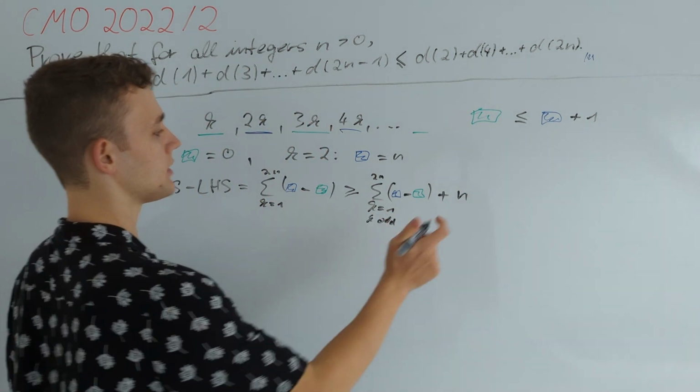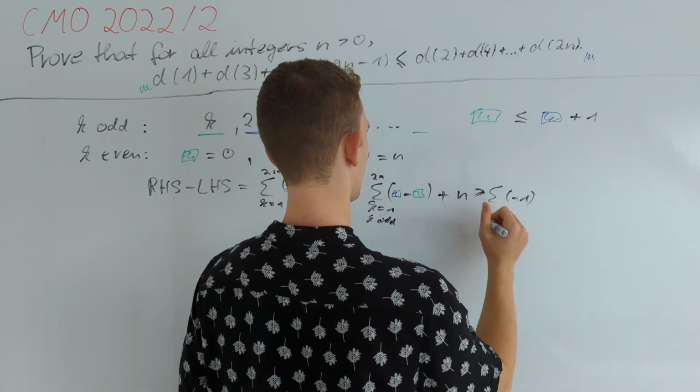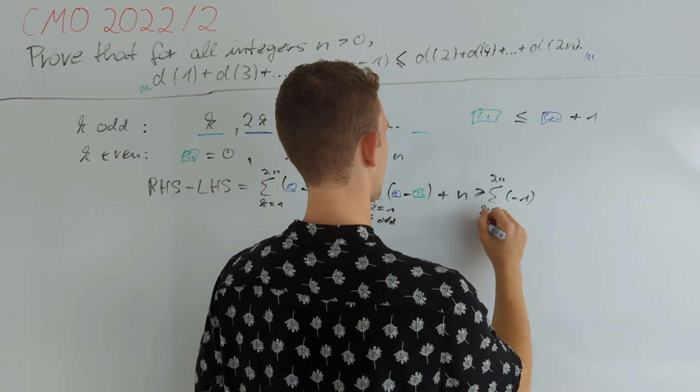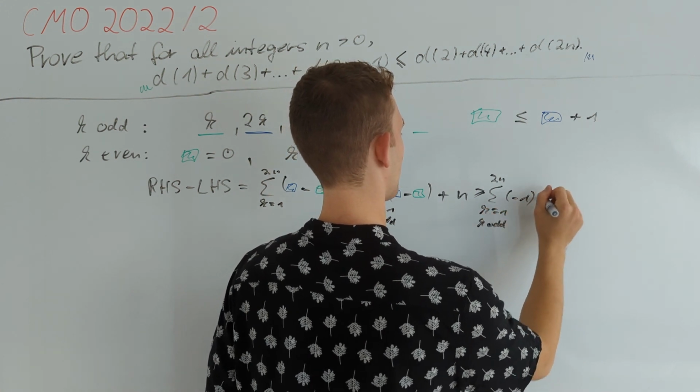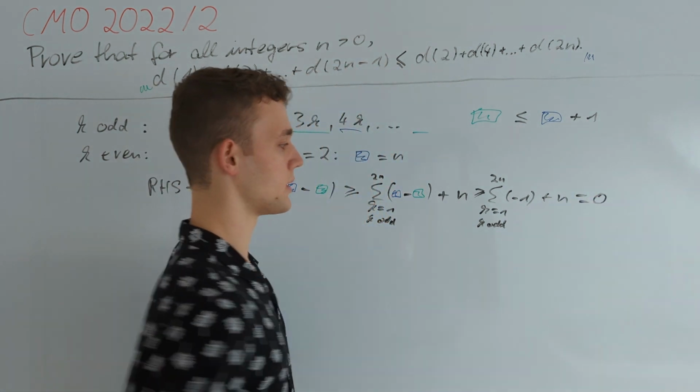And this is now greater than or equal to the sum of negative 1 from k equal to 1 up to 2n and k odd, plus n, but this is equal to 0, and therefore we are done.